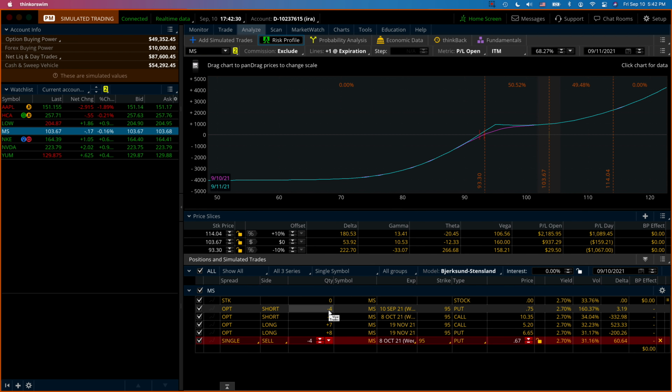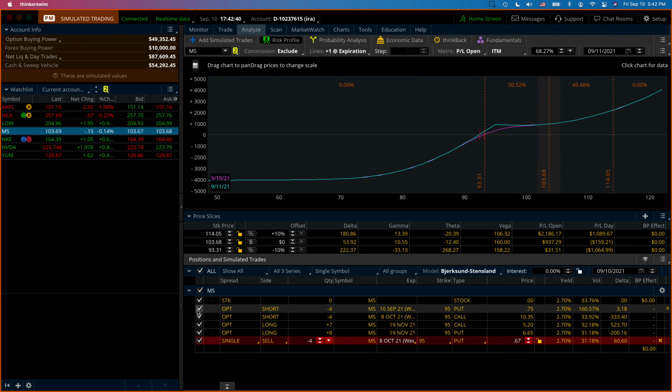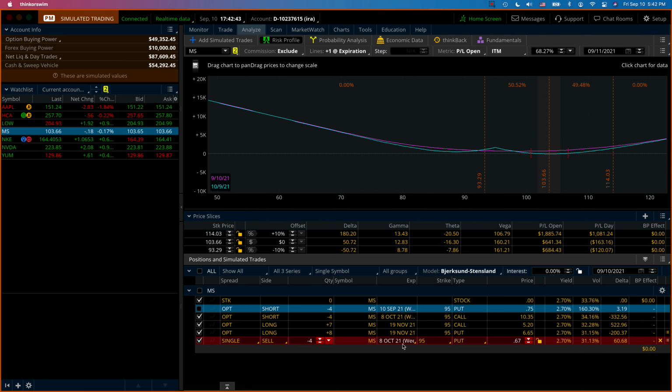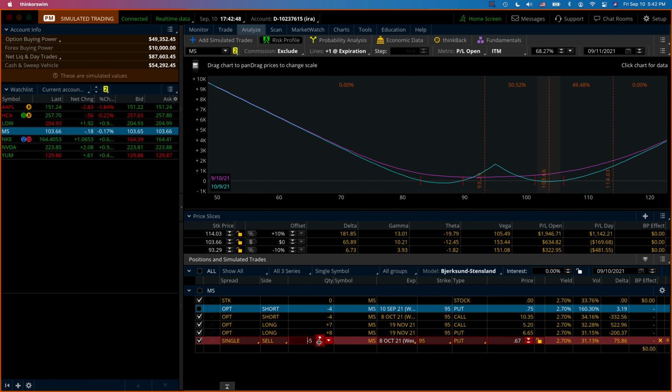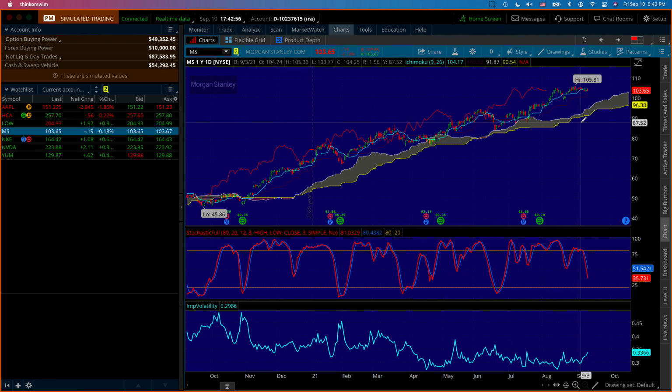But because this September 10th goes away today, this is what it will look like, and that looks great because the delta is still positive. Right now the delta is high, and so selling that would be okay. How about if we sold only 3? Let's say we think that the delta is too high, the stock might decline from here.